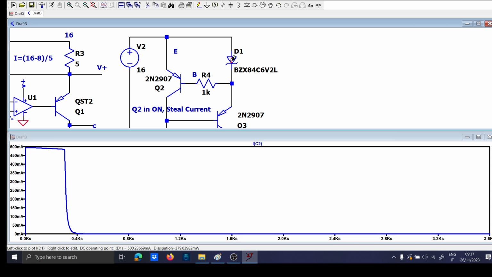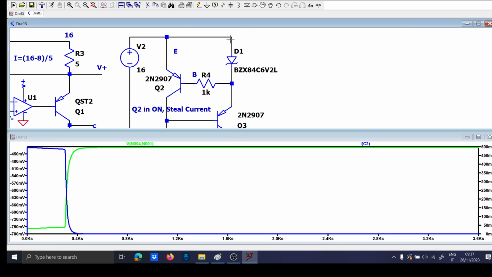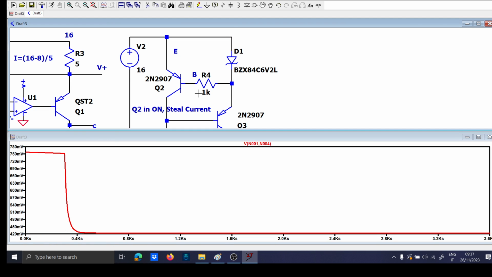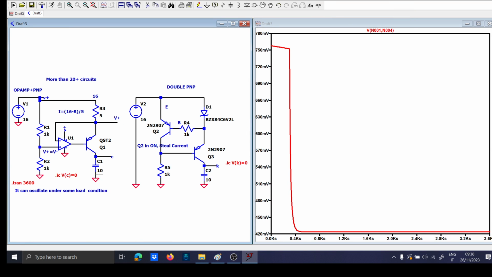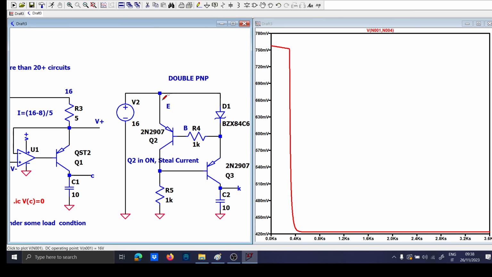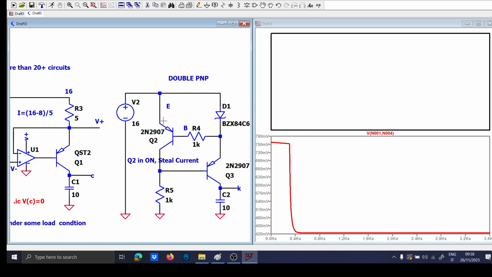Now I changed this to 80 volts of difference, and so you see that when you have the difference between the emitter and the base higher than 0.7, sorry, the current limitation is active.